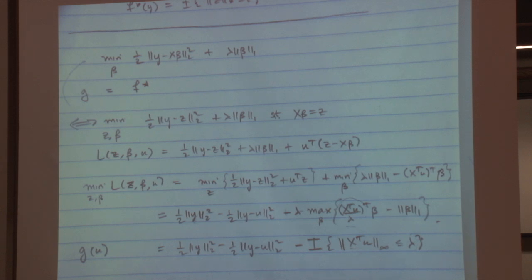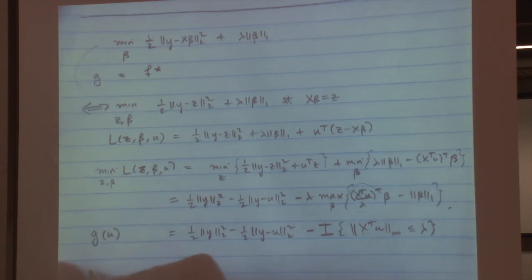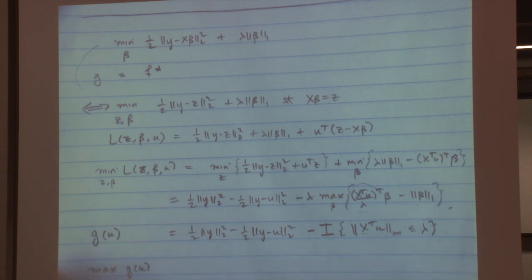And therefore, the lasso dual is to maximize this over all u, which is the same as, let's get rid of a few things. I don't need to worry about this because I'm talking about a maximum over u, so it's equivalent to minimizing, say, 1/2 y minus u squared plus this indicator, but I'm going to write that as a constraint.